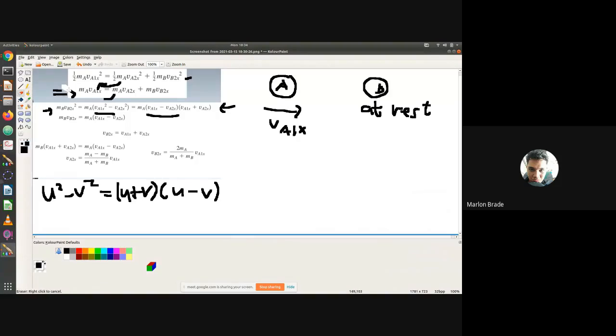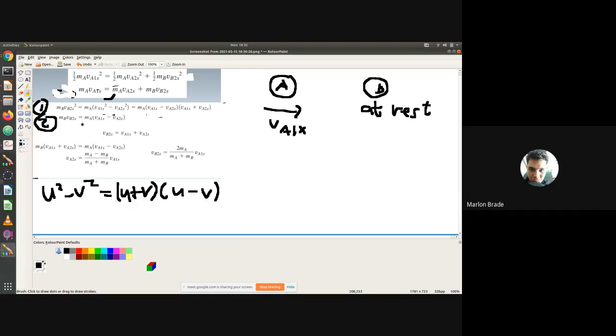So, now what we do is divide. Let's divide this one. We divide this equation, which I will point out, the first equation, with my second equation.